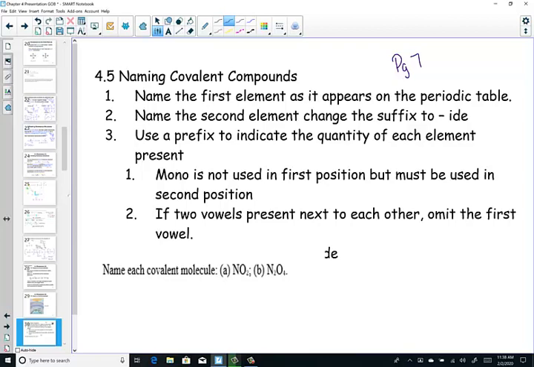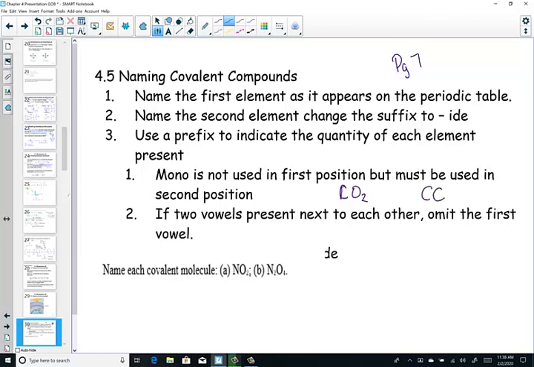Now, a couple of little side notes. Mono is the prefix for 1. If the first element has a subscript of 1, you may choose to leave it off. For example, CO2. We do not have to say monocarbon dioxide. If it's in the first position, you can choose to leave it off: carbon dioxide.